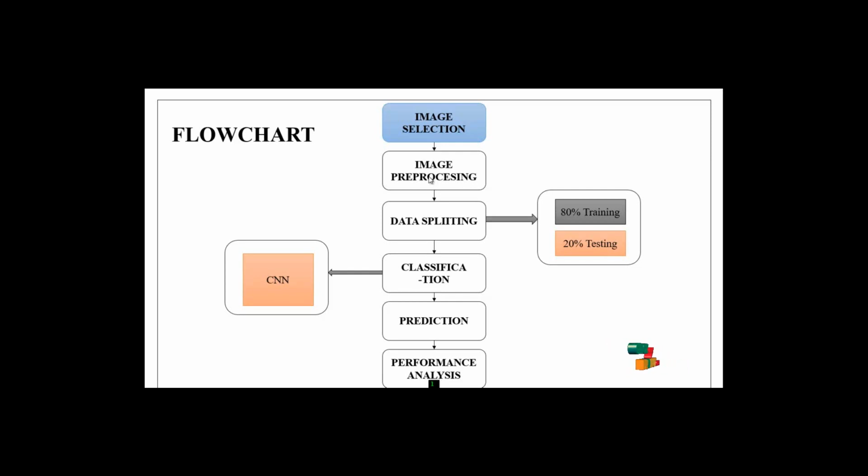Finally we have the predictor: we input one image and it automatically predicts the license plate number. For performance analysis we calculate accuracy, precision, recall, F1 score and confusion matrix. This performance matrix is calculated for the performance analysis of the system.